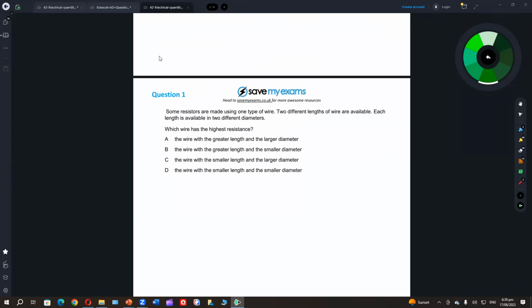Some resistors are made using one type of wire. Two different lengths of wire are available. Each length is available in two different diameters. Which wire has the highest resistance? Resistance is directly proportional to length and inversely proportional to diameter squared.